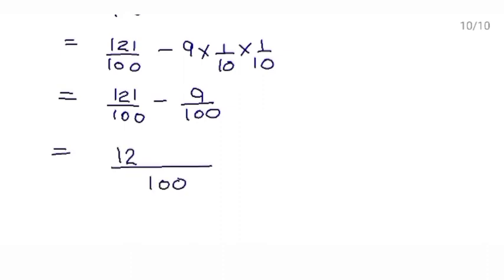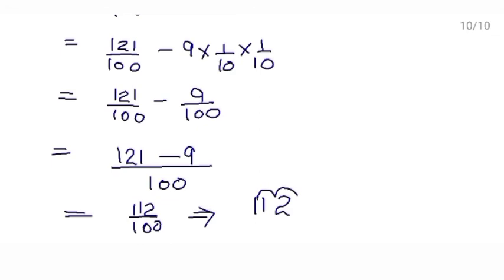This is 121 minus 9, which is 112 upon 100. In the denominator you have 2 zeros, so you will put the decimal before 2 digits. 1, 2. You will put the decimal here. So what is your answer? Your answer is 1.12.